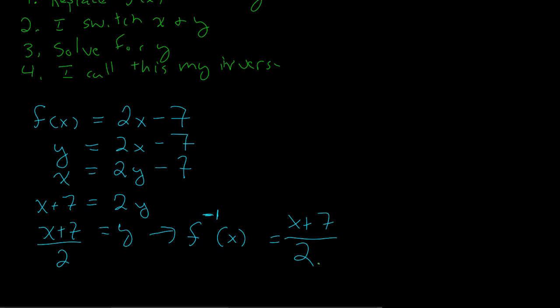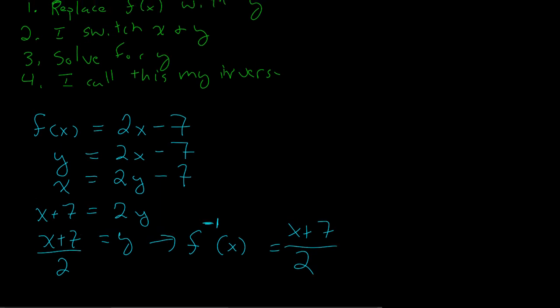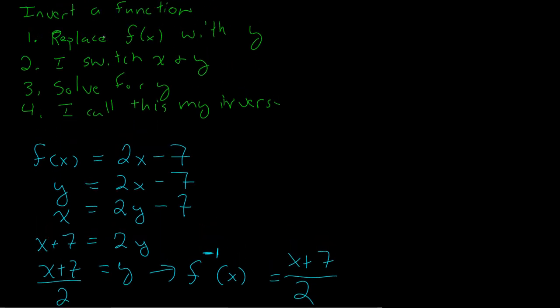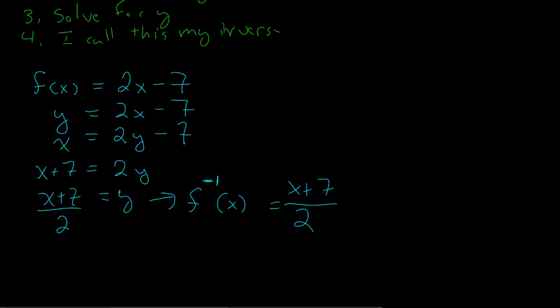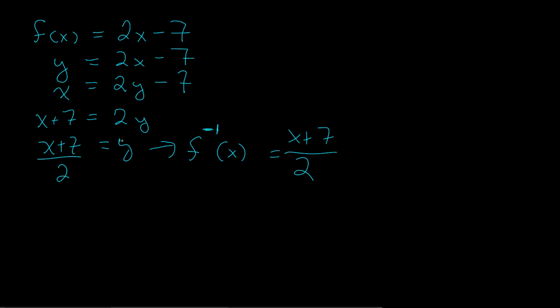Let's make some inverses. And we'll keep coming back to this rule here. So I'm going to replace f of x with y. I'm going to switch x and y, and I solve for y, and I call this my inverse. That was that one. Let's go to ugly yellow.